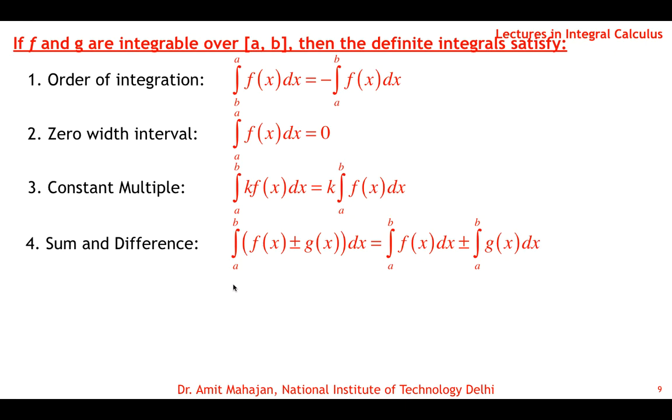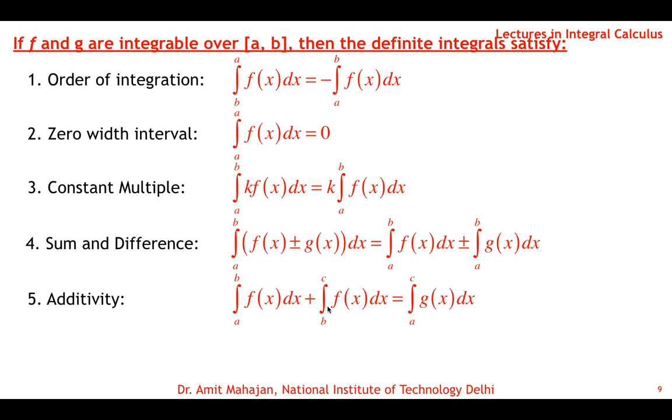The additivity property: the integral over the interval a to c, here it should be f(x), not g(x), this is the f function here. The integral from a to c of f(x) dx is equal to the integral from a to b of f(x) dx plus the integral from b to c of f(x) dx, if b is a point between a and c.